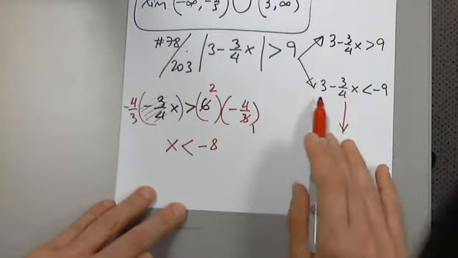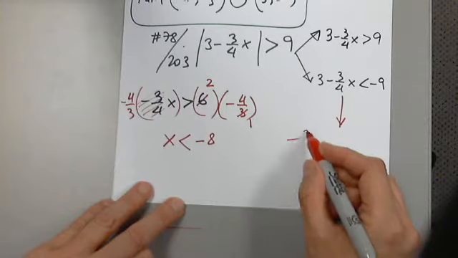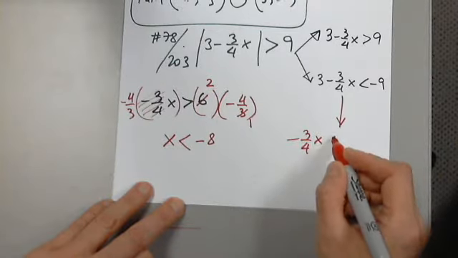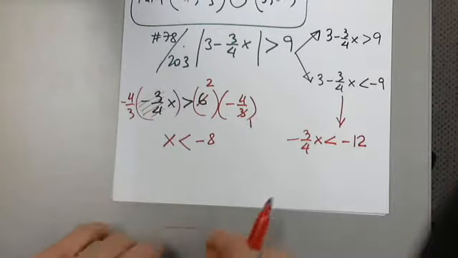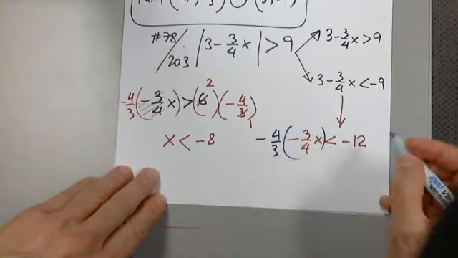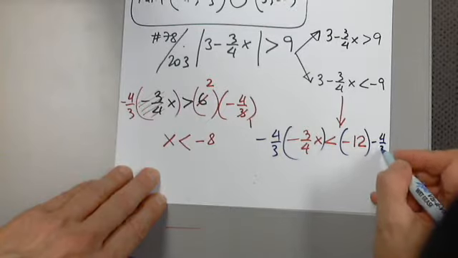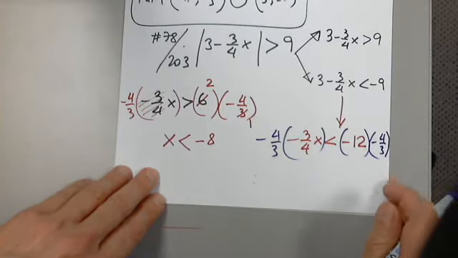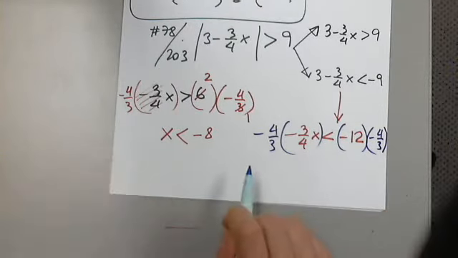Now I have to solve the other one. And I start by subtracting 3. Negative 3/4 x less than negative 12. I want to get rid of the same quantity, which is, very good, negative 4/3 and negative 4/3. Put parentheses to show that you are multiplying. The left-hand side is nice.